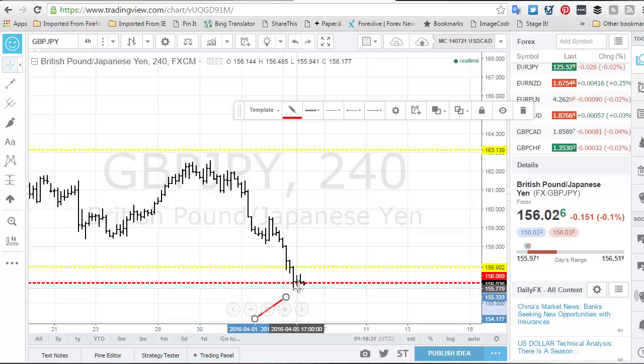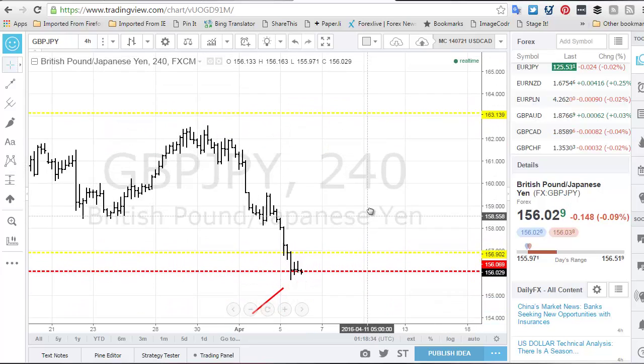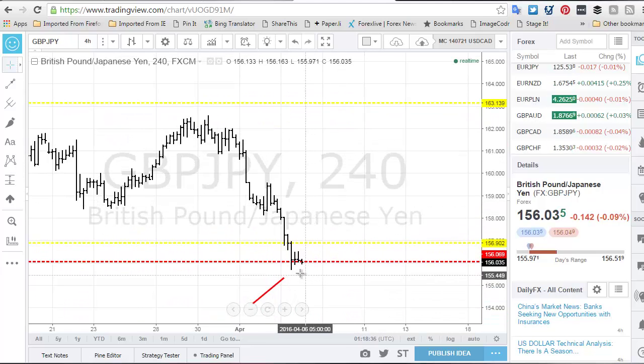Where the open and the close are reasonably close together, and we have got another bar which similarly has the open and the close together, but the open and the close are in the bottom half of the bar.